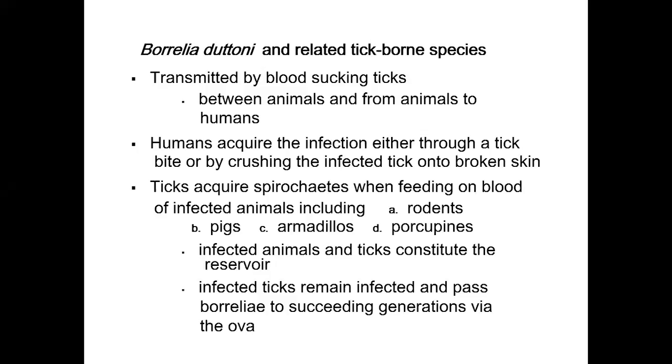So again, the organisms are acquired by the ticks as they feed on the blood of infected animals. There are quite a number of animals, including rodents, pigs, armadillos, and even porcupines. These infected animals, together with the infected tick, constitute the reservoir. The infected ticks remain infected for the rest of their lives, and they pass on the Borrelia to succeeding generations via the ova.